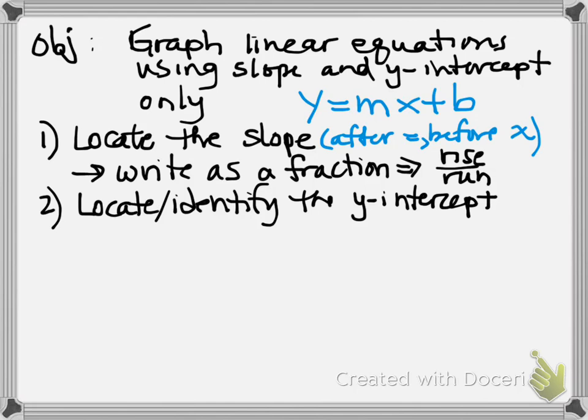After slope says x plus b. Nope. Not after the plus sign. So remember, here was your slope, or here was your x, and right in front of it was the slope. Where are we going to find the y-intercept?